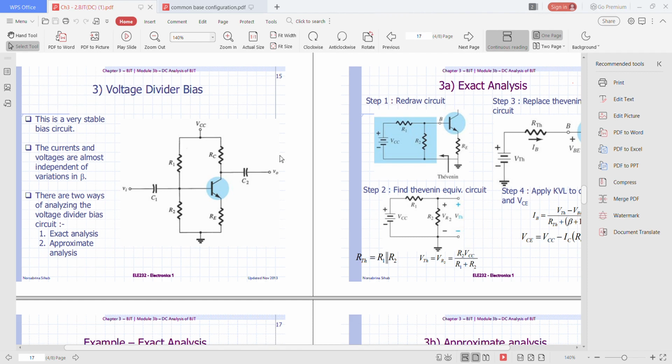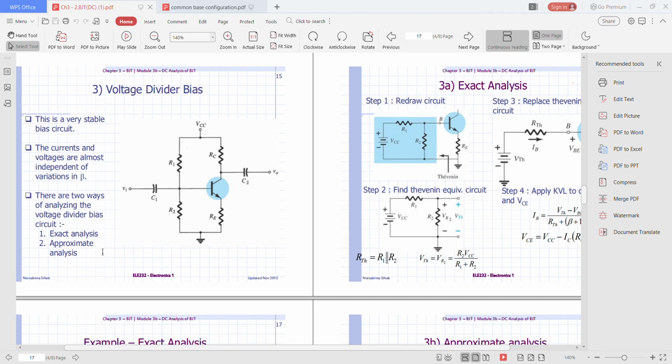The first to be demonstrated is the exact method, which can be applied to any voltage divider configuration. The second is referred to as the approximate method and can be applied only if specific conditions are satisfied.